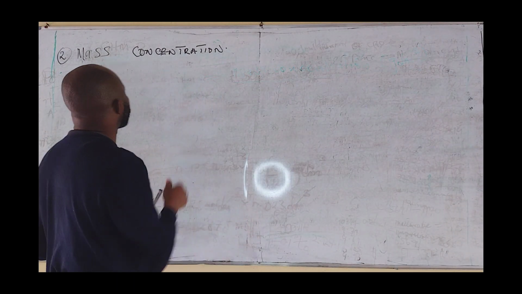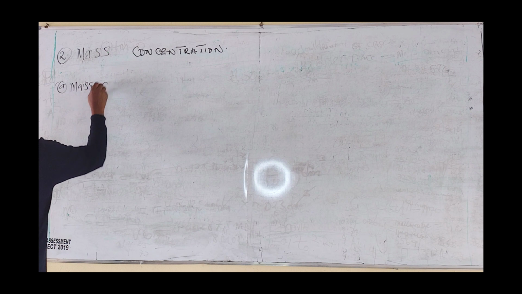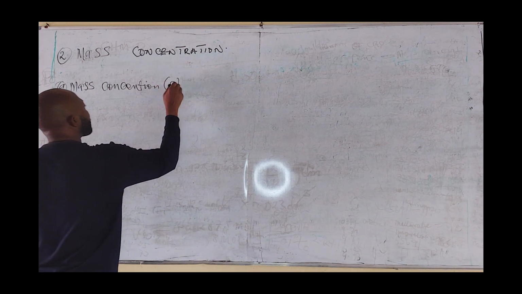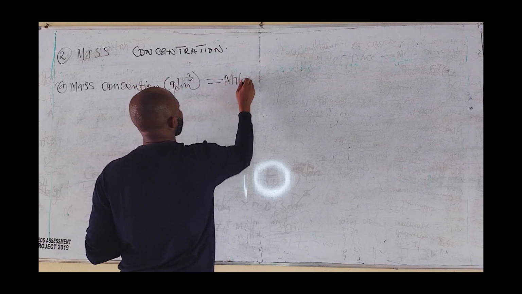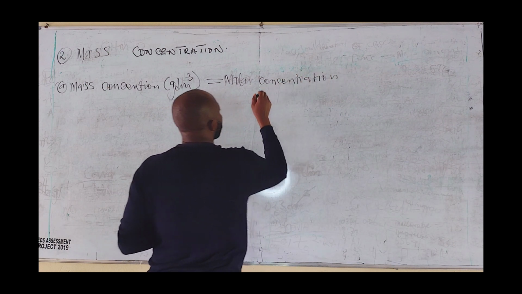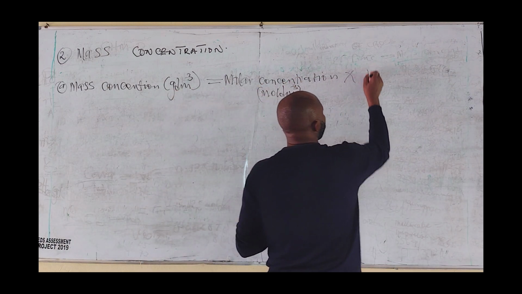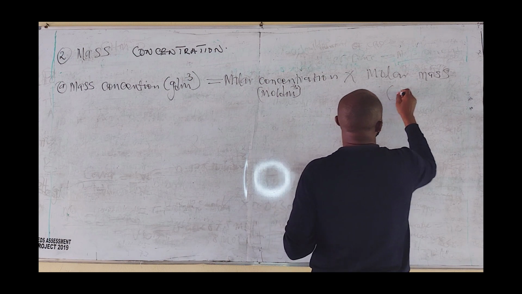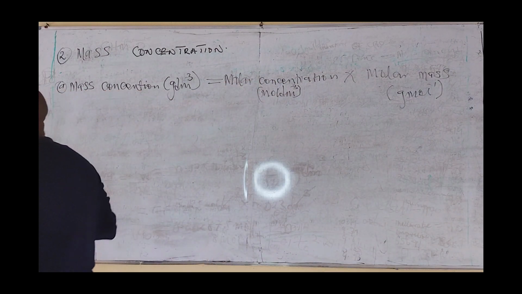So the formulas that are associated with mass concentrations are 1 or A. A, mass concentration in g/dm³ equals to molar concentration in mole per dm³ times molar mass in g/mole. So that's our first formula there for mass concentration.